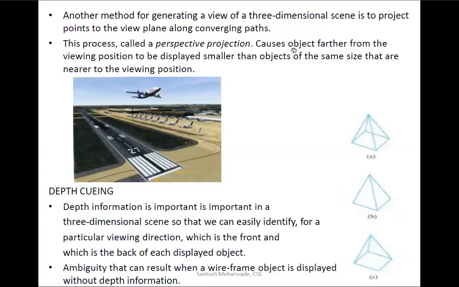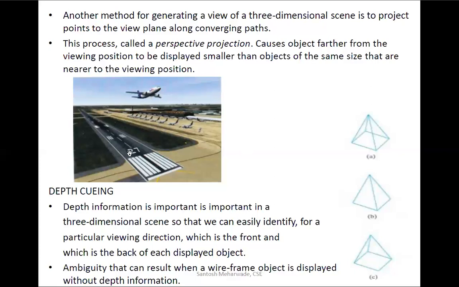The characteristic of perspective projection is that it causes objects farther from the view position to be displayed smaller than objects of the same size nearer to the view position. If an object is very near to our eye, it looks bigger; if it goes away from us, it looks smaller. The best example is an aeroplane.